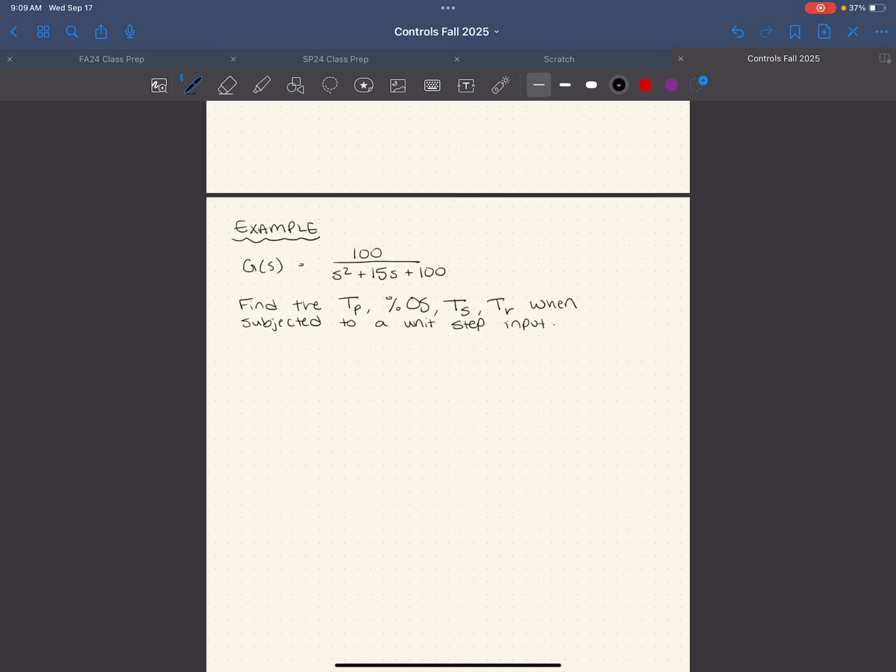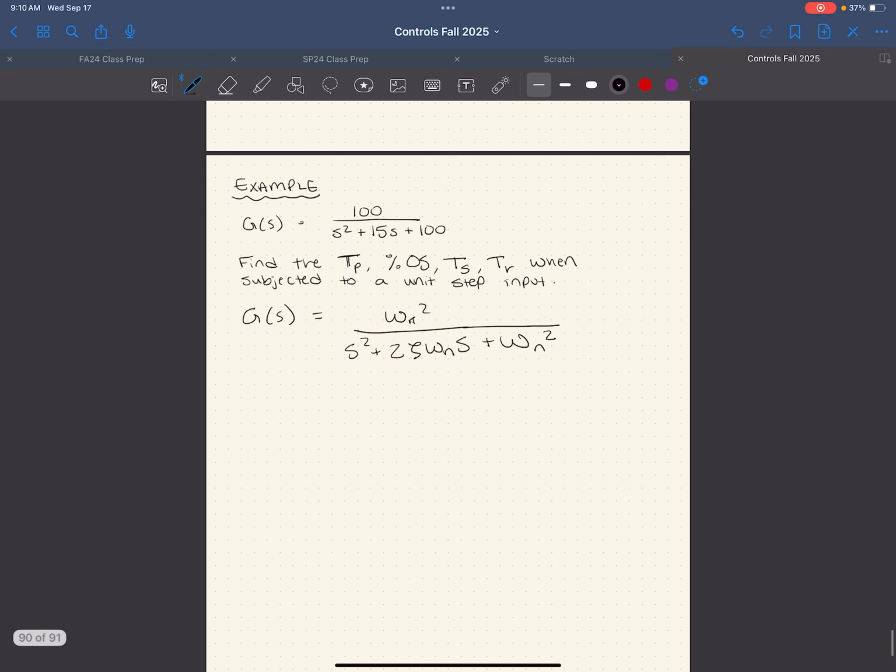To do this, we know that our equations for peak time, percent overshoot, settling time, and rise time are all functions of omega n and zeta. So we need to find omega n and zeta for this transfer function. Remember, we can write the general form of this second order system as omega n squared over s squared plus 2 zeta omega n s plus omega n squared.